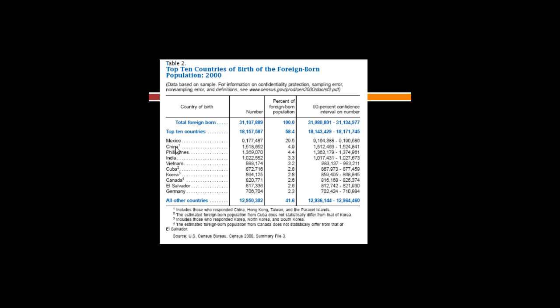But there is one final thing that I want to do. I want to talk about why each one of these that makes it into the top 5 as source countries for immigrants to the United States makes a lot of sense. Mexico certainly makes a lot of sense. We have a long border with Mexico. Mexico is also fully integrated into the American economy because of NAFTA, the North American Free Trade Agreement.